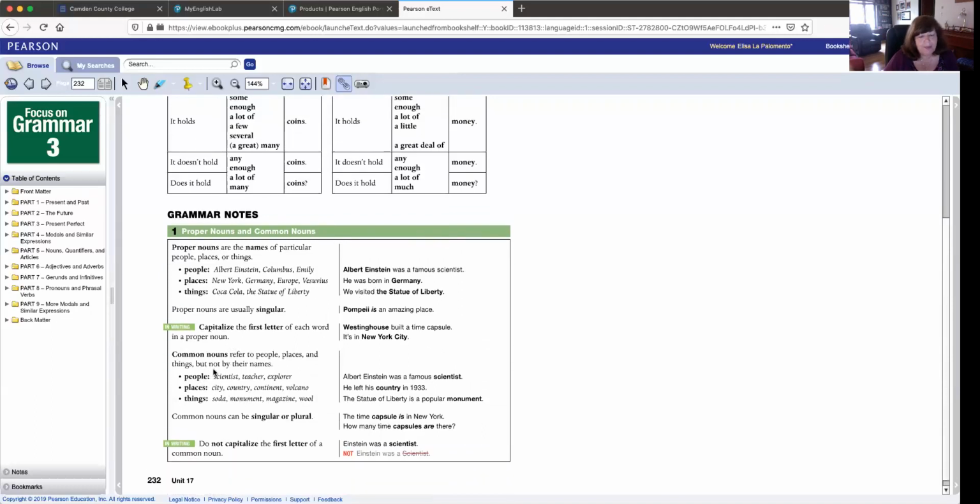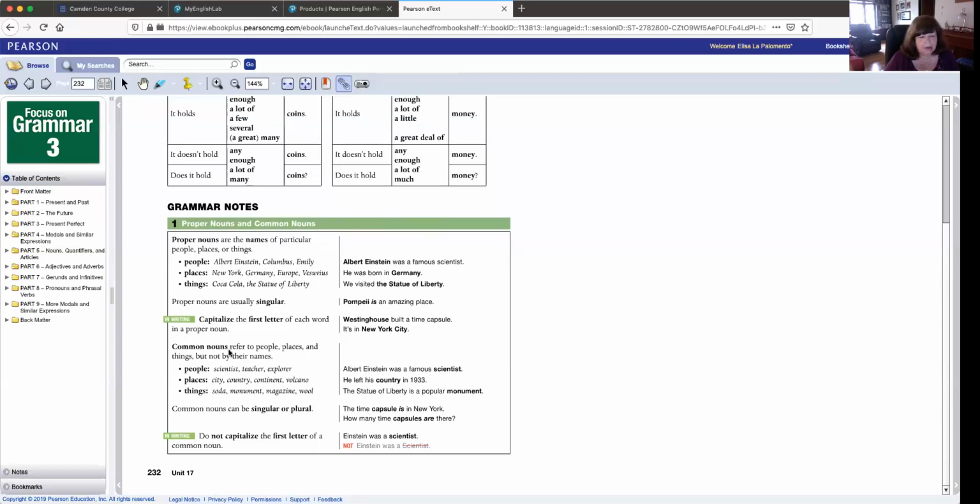So, for example, people, just people, scientist, teacher, explorer, could be anything, doctor, lawyer. Places such as city, country, continent, volcano, could be ocean, mountains, anything at all. If it's not the actual name of something, then it is a common noun.